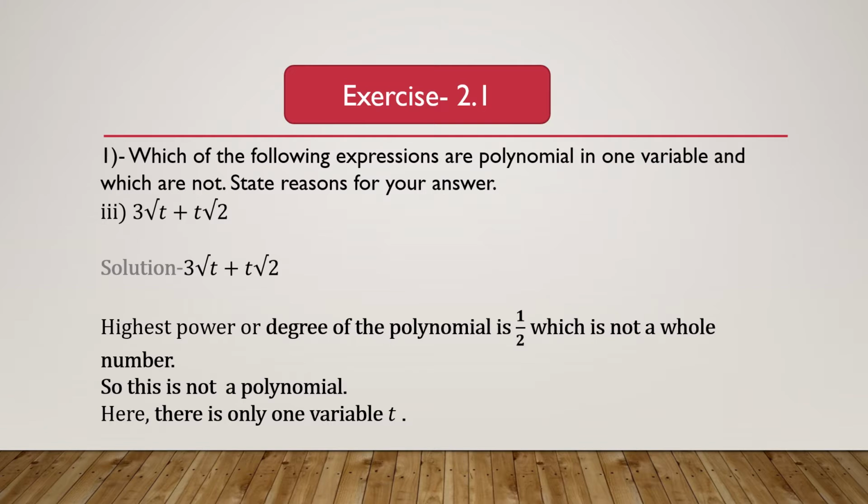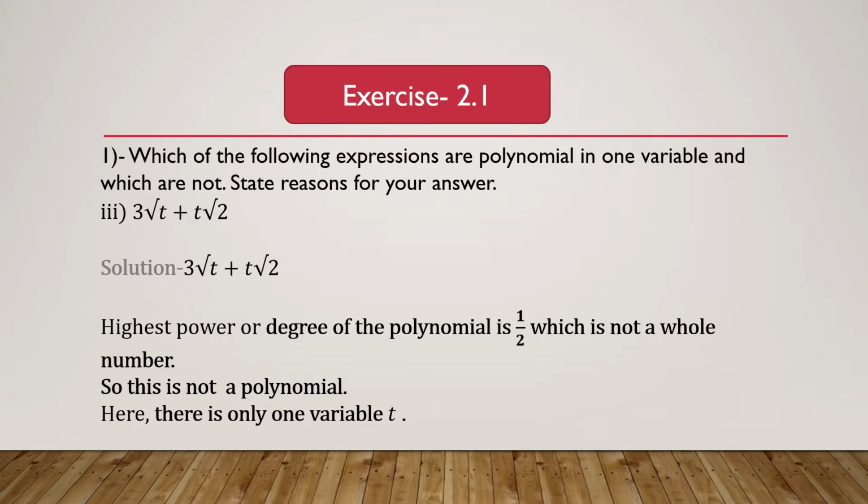Here the first term is 3 root t and the variable is t, and in t root 2 the variable is t. There is only one variable t present. So this is a polynomial in one variable t.